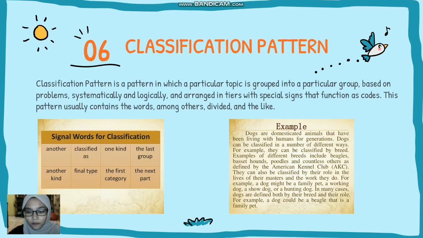For example, dogs are domesticated animals that have been living with humans for generations. Dogs can be classified, this classified is signal words for classification, can be classified in a number of different ways. For example, they can be classified by breed.